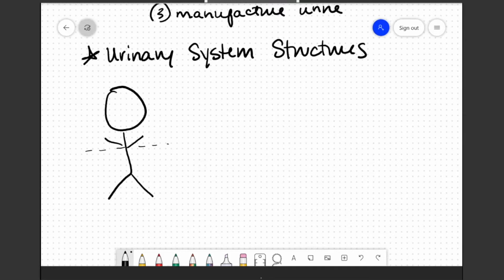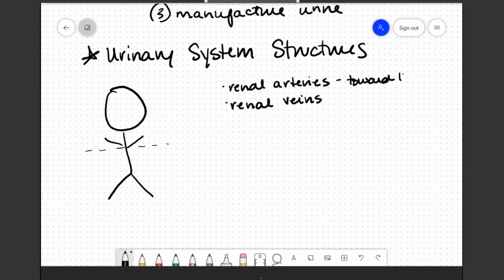The first one is your renal arteries. You're also going to have your renal veins. Arteries are carrying blood away from the heart, so these are going to be carrying blood toward the kidneys. And your renal veins will be carrying things away from your kidneys.